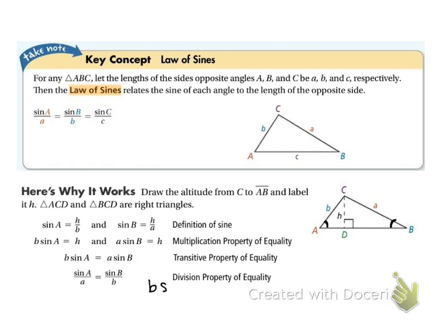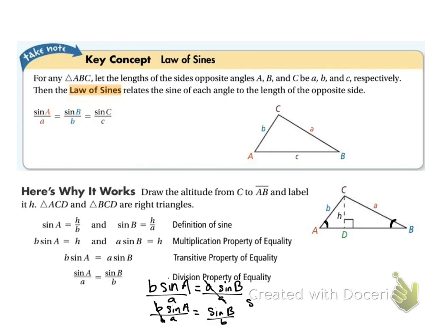Let's write it out. We've got b sine of angle A equals a sine of angle B. So we divide both sides by a, that cancels those off. And then if we also divide both sides by b, those cancel out.